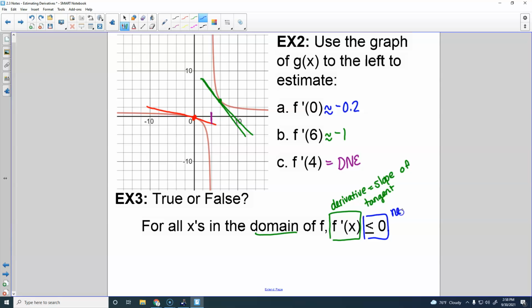It's negative or 0. So everywhere you draw a tangent line, even over here, it's still decreasing. Every tangent line you could draw anywhere has a negative slope. So this one is true.